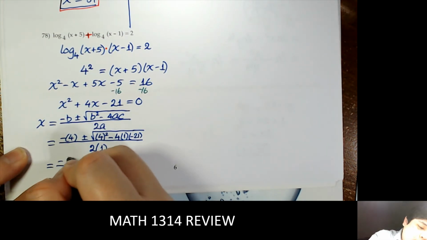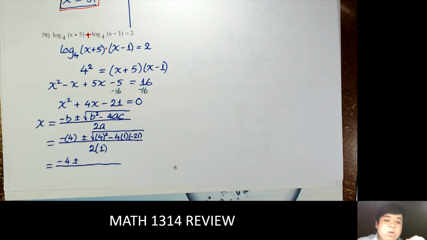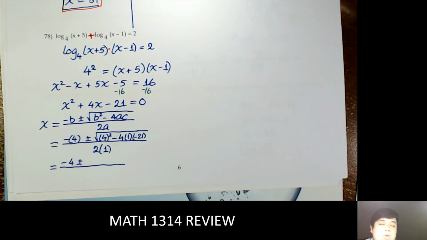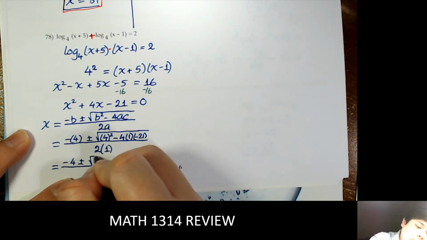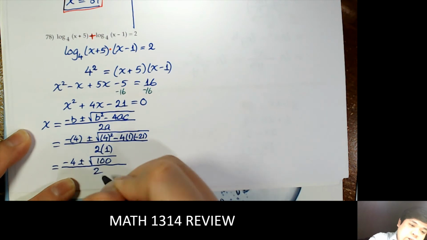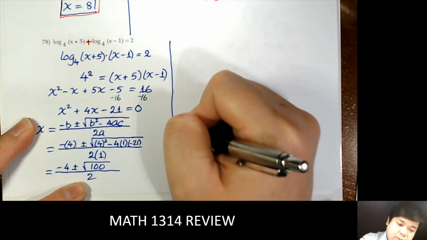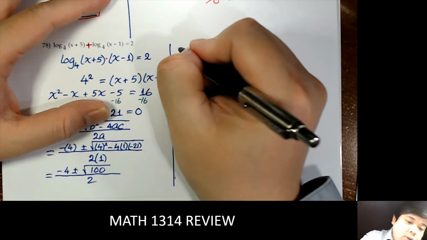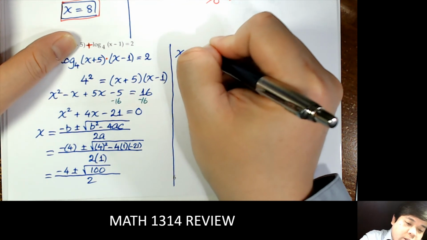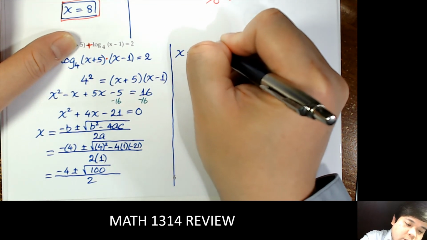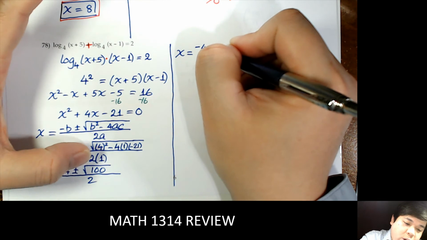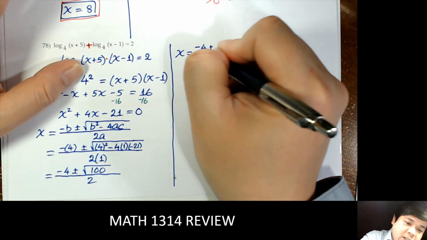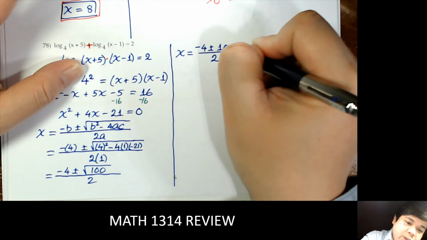So negative 4 plus or minus 4 squared is 16, and then we have 4 times 21, so that's 84, and 16 plus 84, that's the square root of 100 over 2. So x equals negative 4 plus or minus the square root of 100, which is 10, over 2.